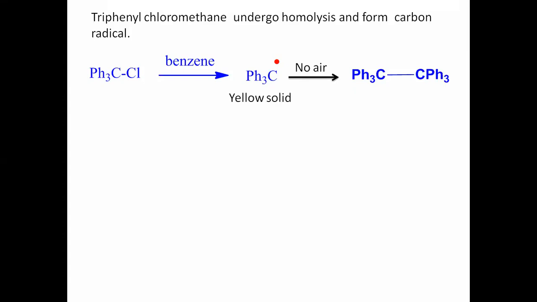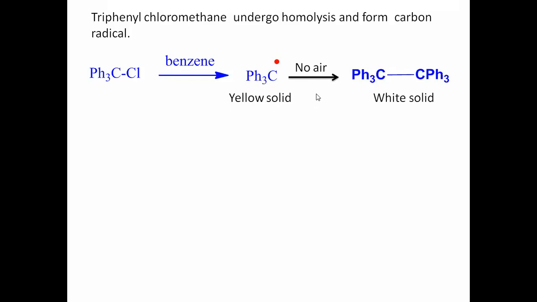Okay. See, this triphenyl methyl chloride, which is considered a wine red color, becomes a yellow solid when you heat it in the presence of benzene, indicating that there is a formation of free radicals.